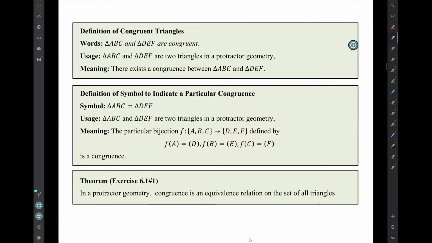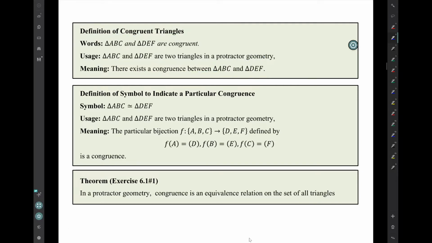We defined congruent triangles to mean this. We say that two triangles are congruent to mean there exists a congruence. That is, there exists one of those bijective functions from the set of vertices of this triangle to the set of vertices of that triangle, such that each pair of corresponding parts is congruent.